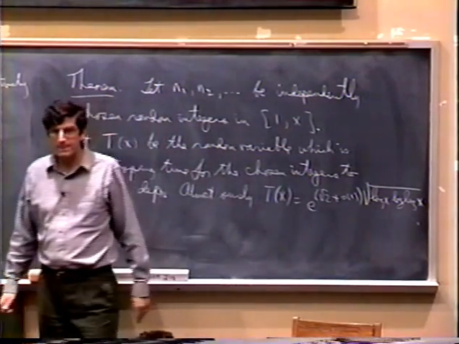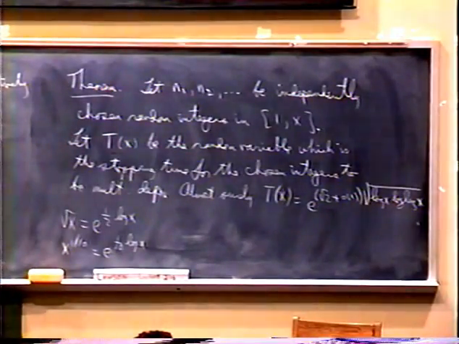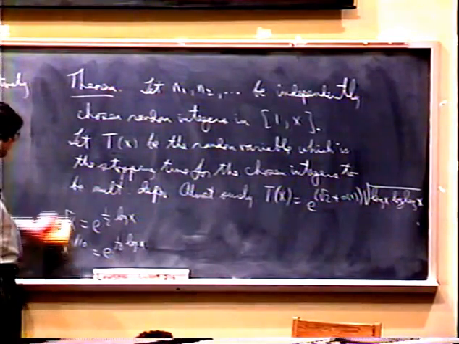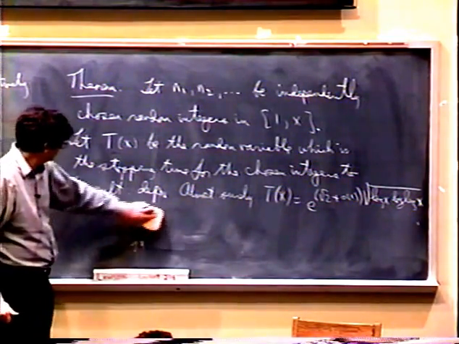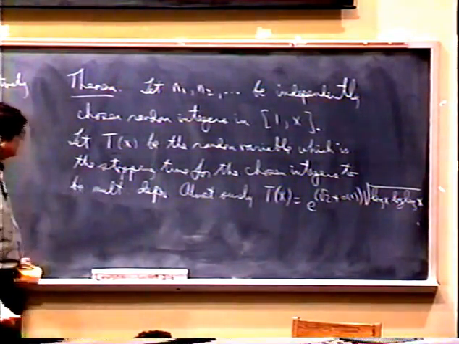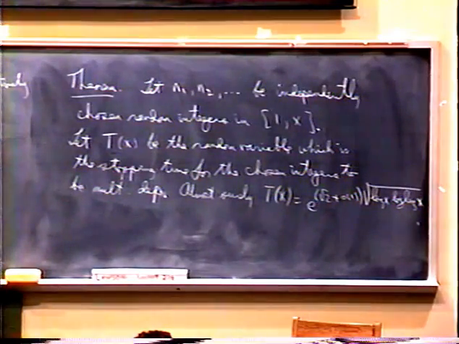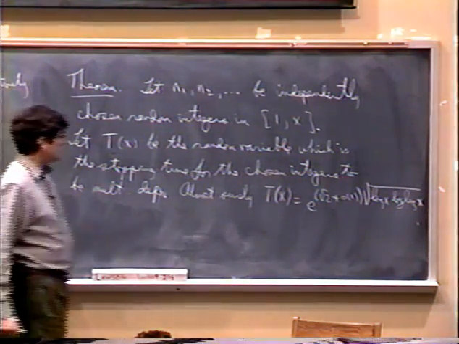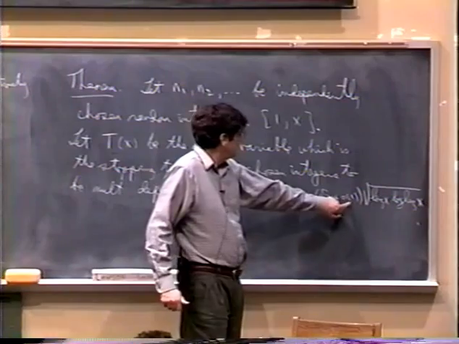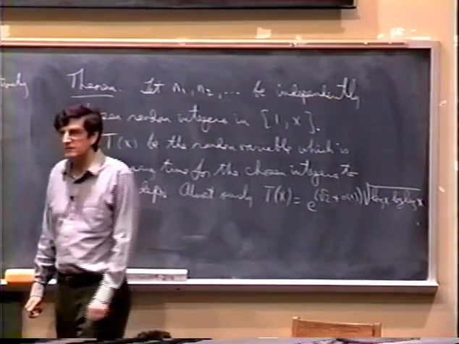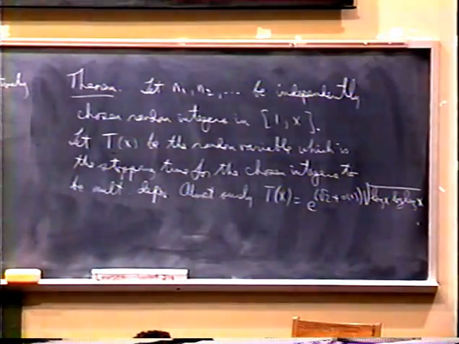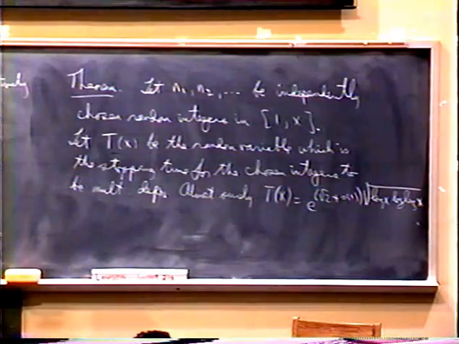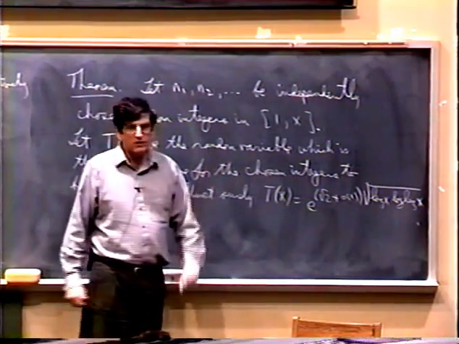Okay? Now, why should this theorem be true? How might you go about proving this theorem? Well, there are two sides to proving this theorem. The first side is to show that if you replace this little o1 with a plus epsilon, then almost surely in that sequence that you've chosen up to that point, you'll find a multiplicative dependency.